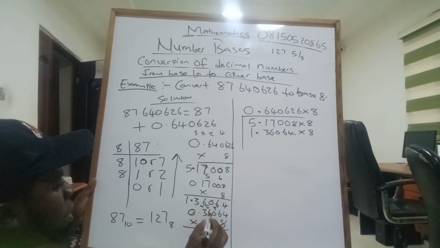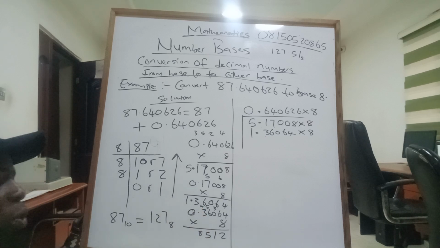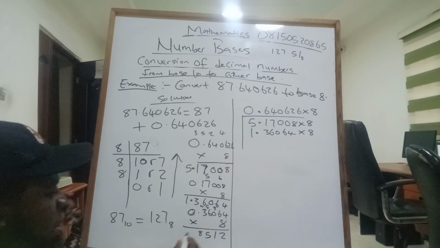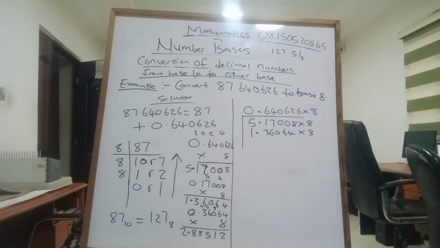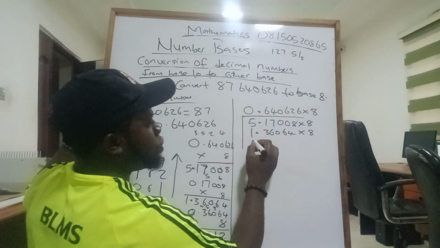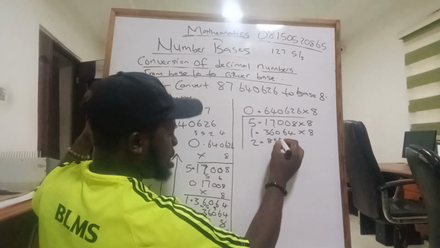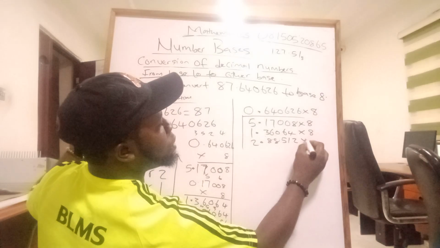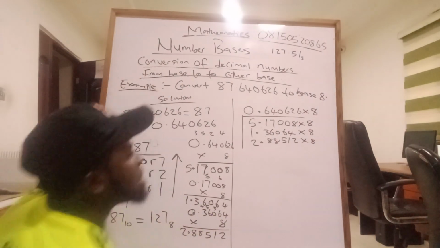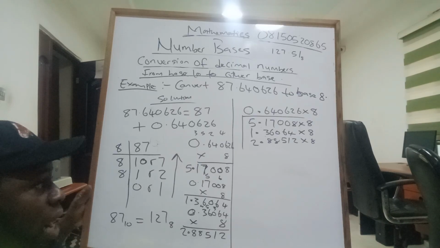We keep 4. 8 times 3 is 24. 24 plus 4 will give us 28. So we have 8. Then 2 moves to the front. So we have 2.8851. You can still continue multiplying by what? By 8. So depending on what they ask you, after this one, I will stop.